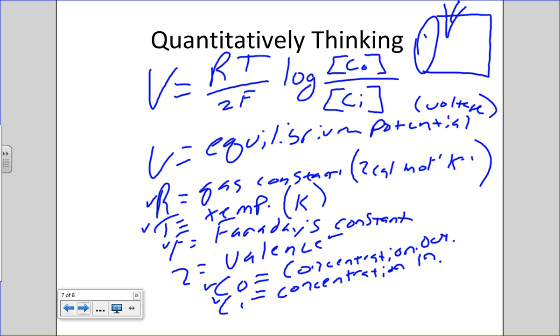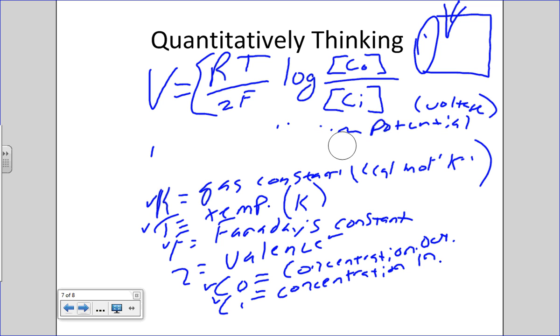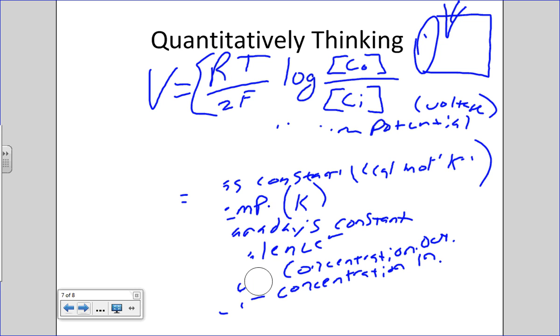Now, let's talk about this equation. Let's go with the first part of this. We're talking about us as humans, and our normal body temperature is 37 degrees centigrade, or 98.6 degrees Fahrenheit. Then we use Faraday's constant, the gas constant, pressure, temperature, and so on.